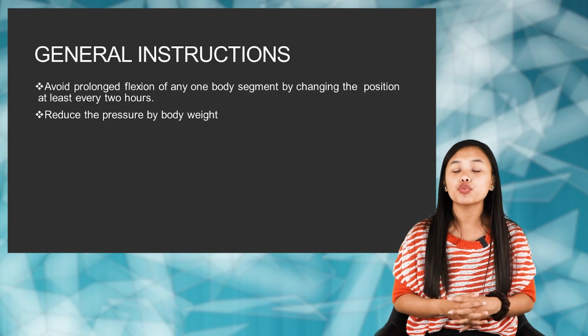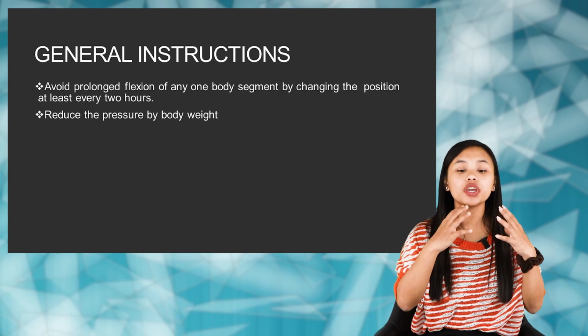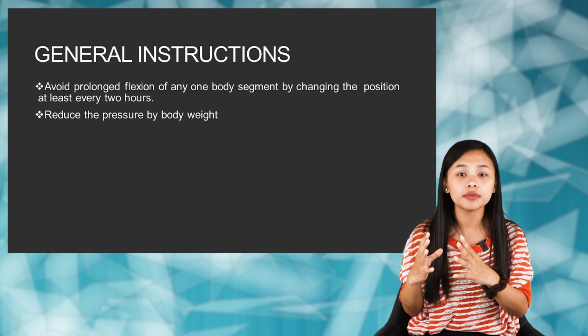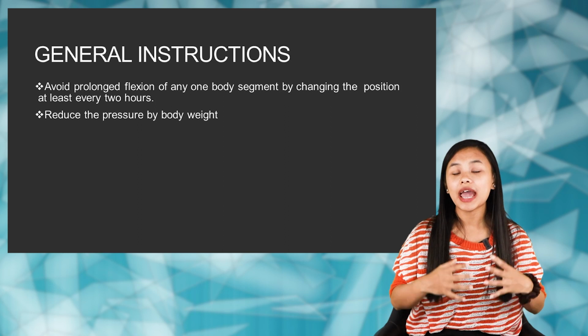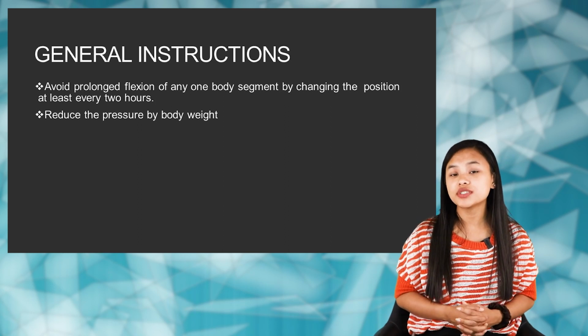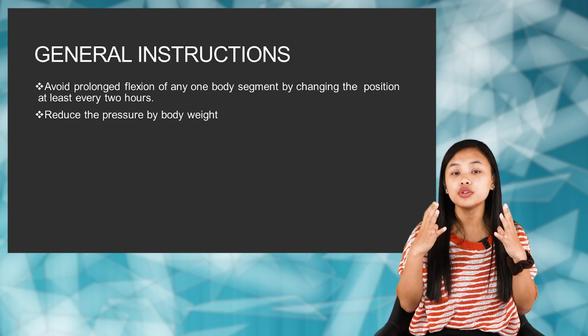The third is to avoid prolonged flexion of any part of the body by changing the position at least every 2 hours, and also to reduce the pressure from the body weight. As a nurse, before we provide any position to the client or encourage the client to take a certain position, we must keep all these things in mind.